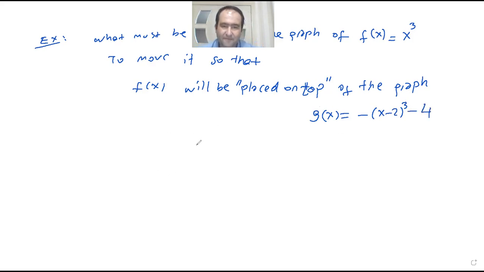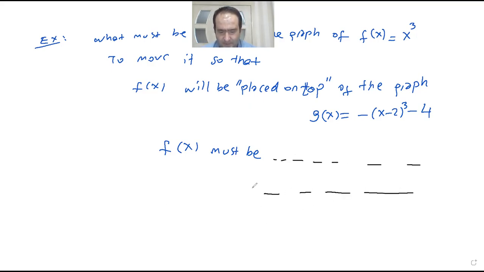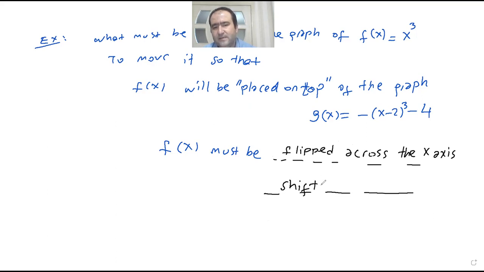Yeah, f(x) must be, let me do this. First it must be flipped across the x-axis, and then shifted right 2 units, and then shifted down 4 units.